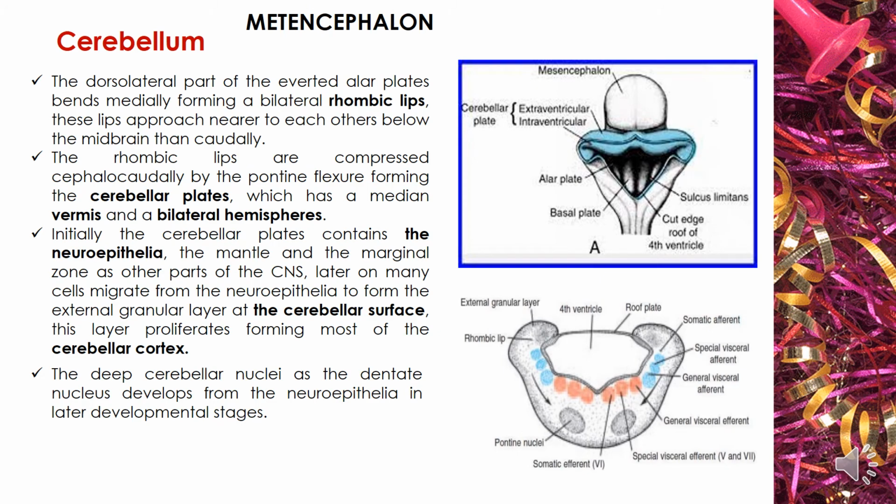Now, the second part of the metencephalon, the cerebellum. The dorsolateral part of the alar plate bends medially, forming the bilateral rhombic lips. These lips approach each other below the midbrain and then caudally.